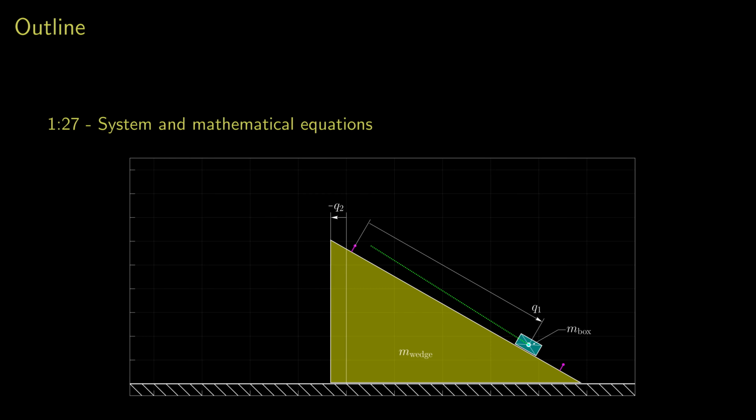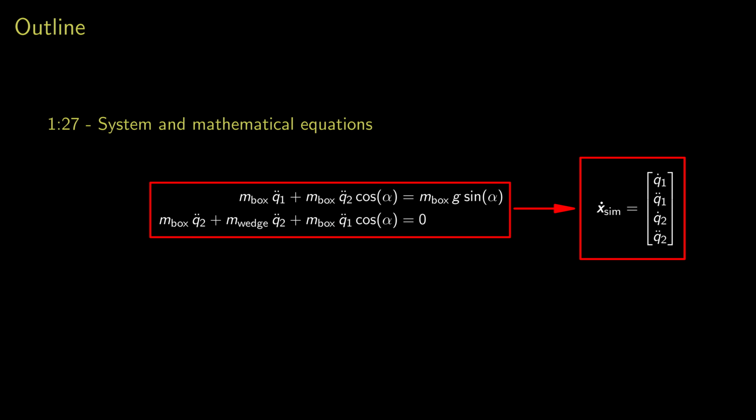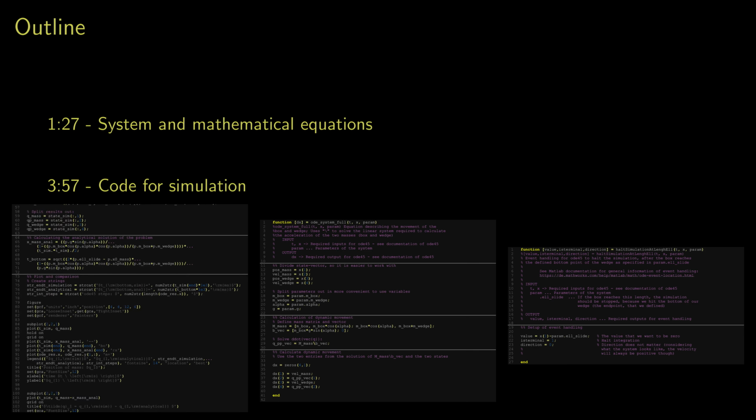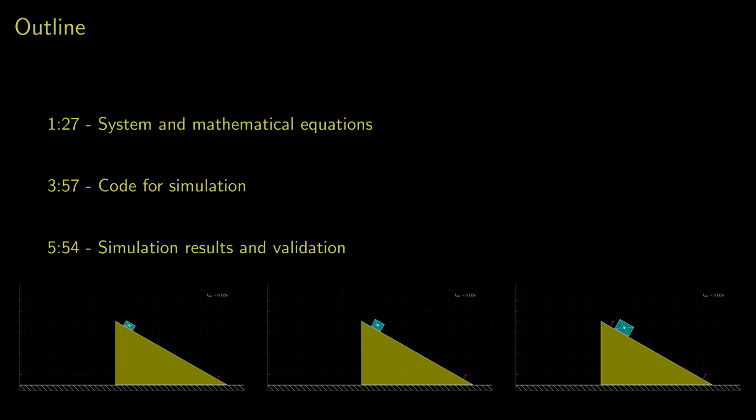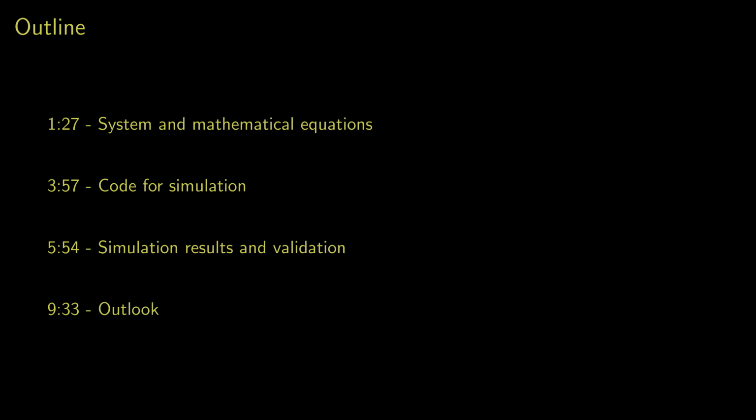We start with the system, how it moves and where the coordinates are. Then we continue with the equations of motion and how to formulate the equations required in the numerical simulator. Afterwards we go over the implemented code and finally take a look at some animations to see how we can validate our results.